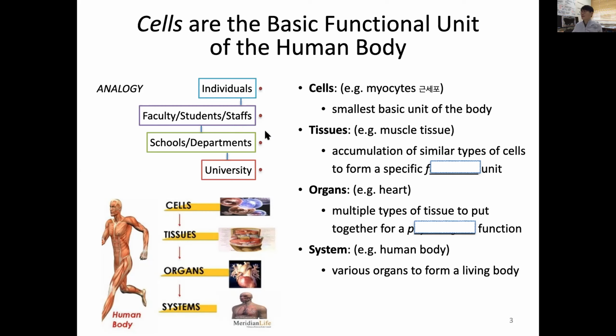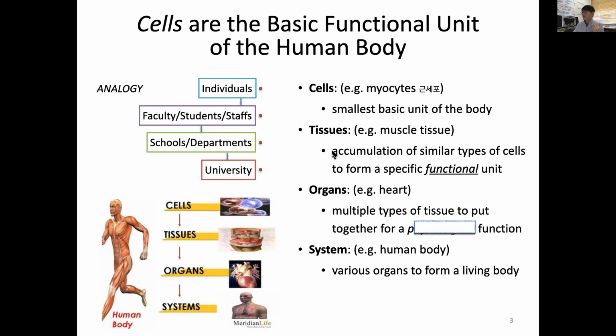Likewise, in our body, cells are the smallest basic unit of the body. For example, in the muscle, there is the myocyte, which means muscle cell. When these myocytes accumulate to form a specific functional unit, in this case, muscle cells form muscle tissue, which will exert a contraction. Okay, that's the tissue.